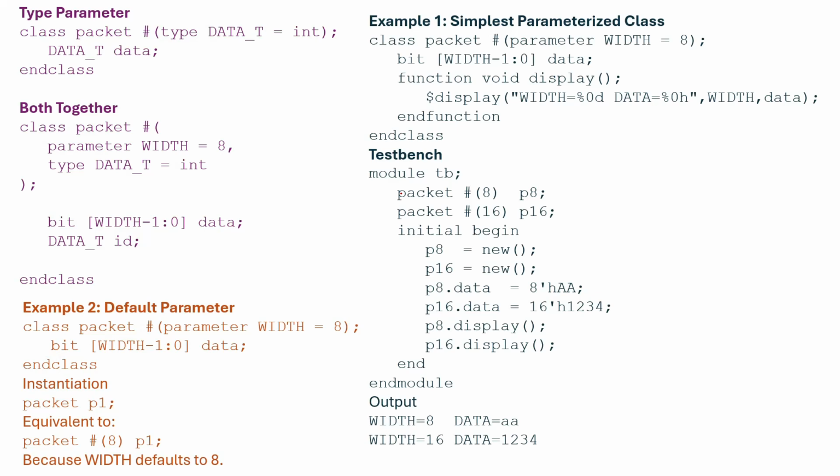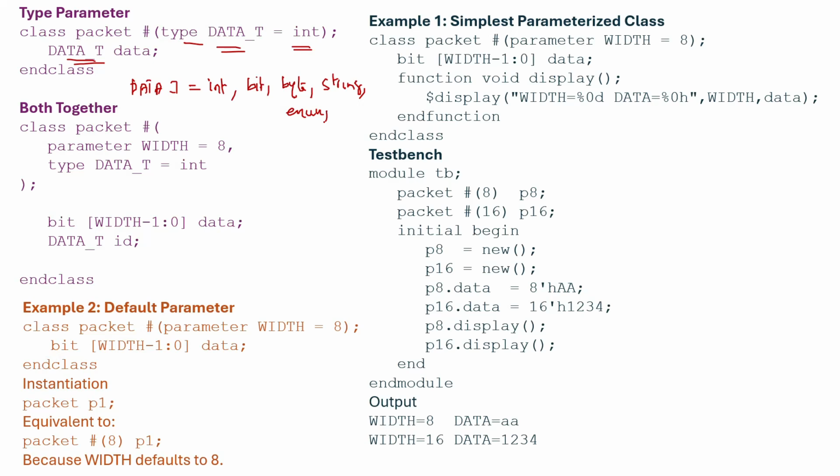I am just changing this variable. So type data_t, and then integer. This data_t, the data type, is the parameter. Instead of integer, we can use bit, or byte, or string, or enum, or type of anything. Anything I can implement by using a parameterized data type.